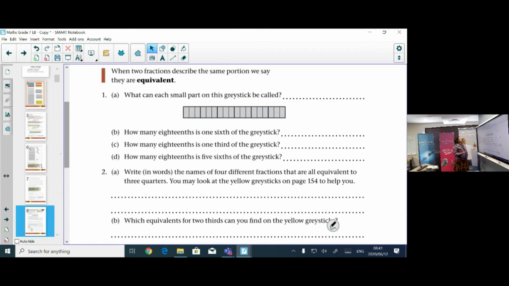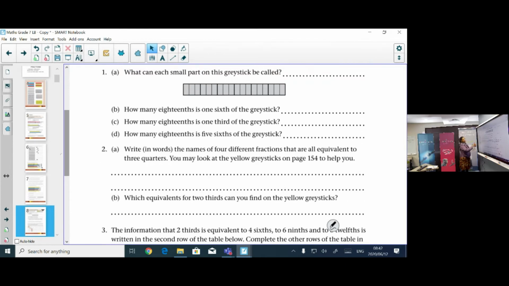So here, what can each small part on this gray stick be called? It's 1, 2, 3, 4, up to 18, so 1 over 18. Now we are doing the equivalent: how many eighteenths are in 1/6 of the stick?